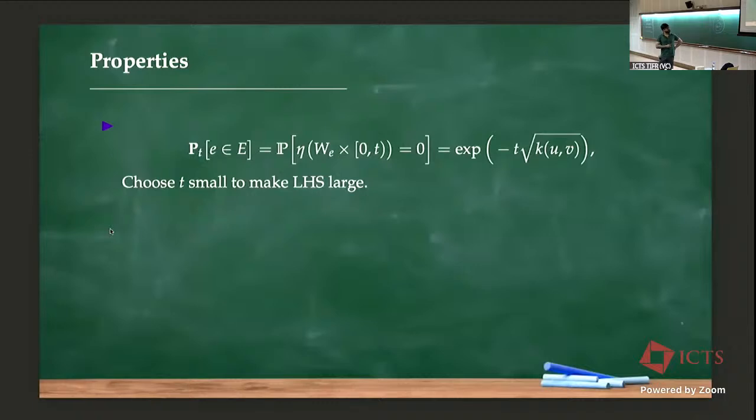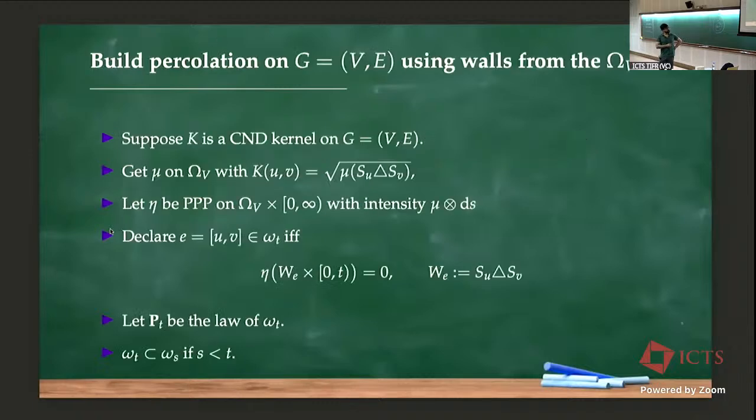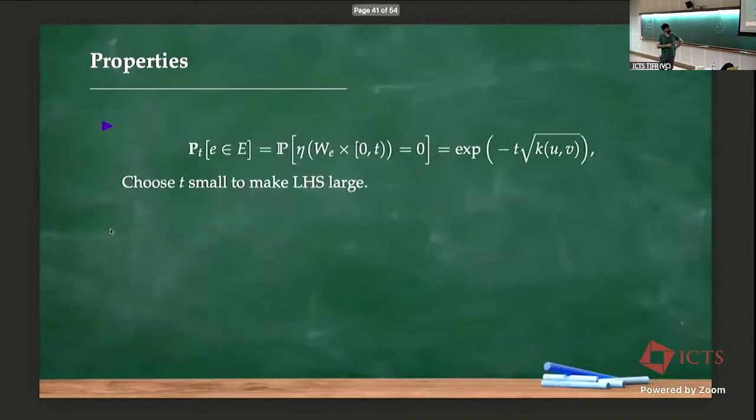If you remember, W is the wall separating the edge E, so it is the symmetric difference of S_U and S_V. The measure of this is the Lebesgue measure, t times the mu of the symmetric difference. We know that the kernel K is CND, so therefore it comes with a square. And now it's up to us which t we want to choose.